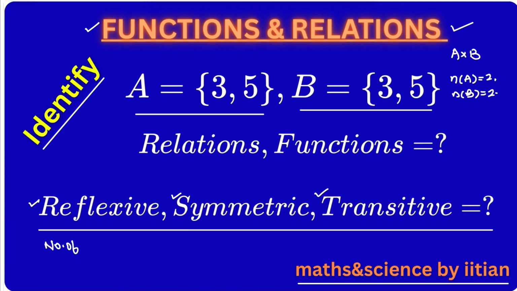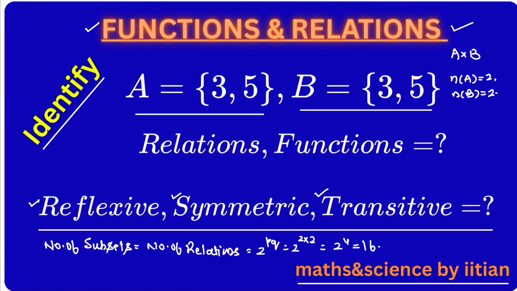Number of subsets, that is equal to the number of relations, that is equal to 2 to the power of PQ, that is 2 to the power of 2 into 2, that is equal to 2 to the power of 4, that is equal to 16. These are the number of relations. Number of functions is Q to the power of P, that is 2 to the power of 2, that is equal to 4.